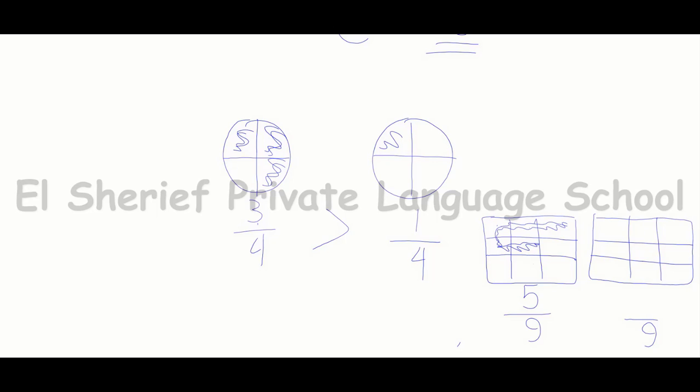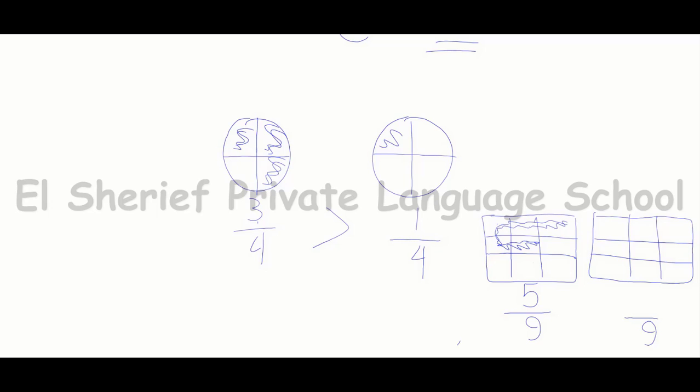But here, for example, here we have Ahmad and here we have Omar. Ahmad colored 5 parts. Okay? But Omar just colored 3 parts. So, what is the greatest one? 3 or 5?